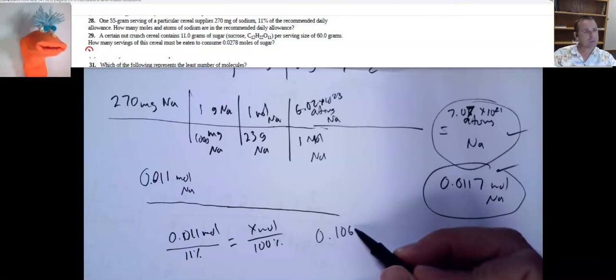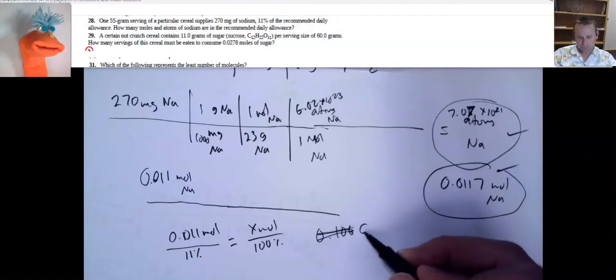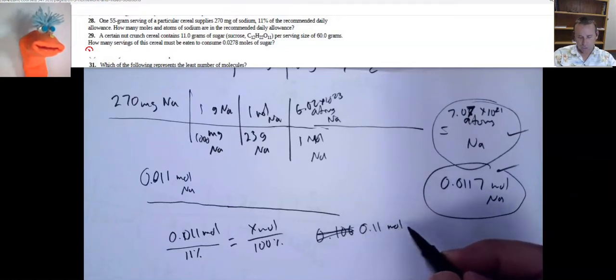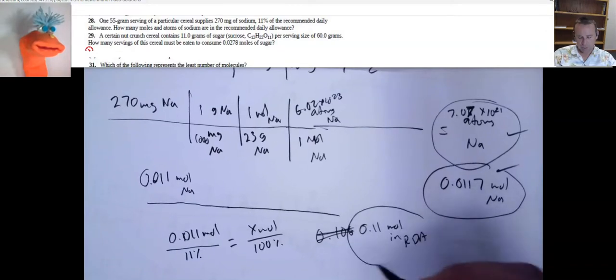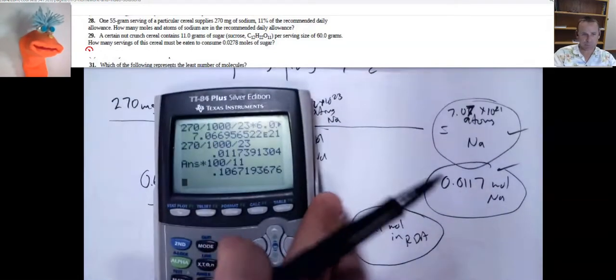Or how many significant figures? 2 significant figures, right? So 0.11 moles in the recommended daily allowance. And then divide that by 6.02 times 10 to the 23rd.